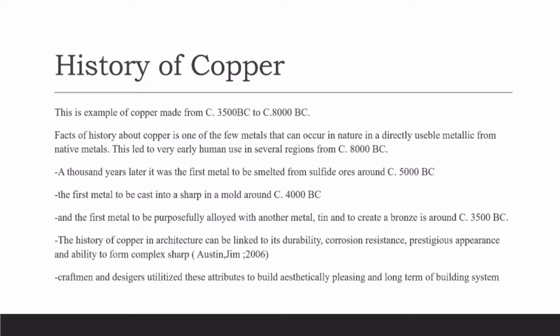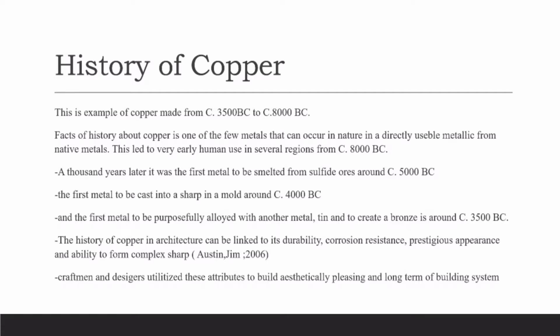Next, this is an example of copper made from 3500 BC until 8000 BC. The fact of history about copper is that it is one of the few metals that can occur in nature in a directly usable metallic form, native metal. This led to very early human use in several regions from 8000 BC.